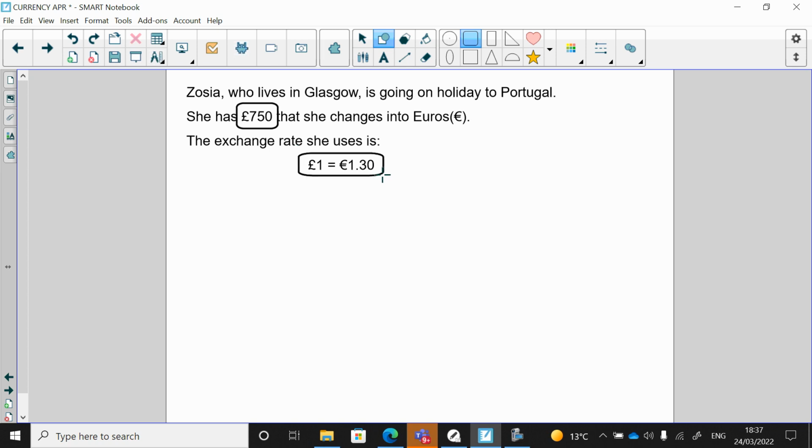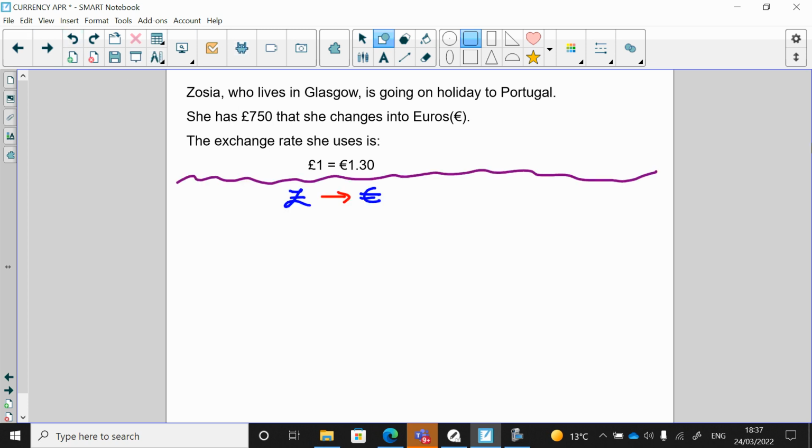Because we're going out from pounds, we're going to be multiplying. 750 times the 1.30 here. So pounds to euros, just like we said, 750 times 1.30. And that should be a nice number. And remember, the answer is going to be in euros, so put your euro symbol in there. So 975 euros.